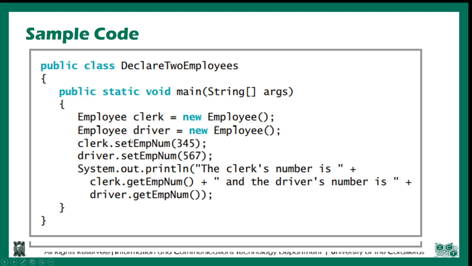That's why if you want to call this method, we will just be using the object name, clerk and driver. And then the DeclareTwoEmployees application, which is this one, can use these methods because they are public, and it must use each of them with an employee object because the methods are non-static. So if I added a static here, it will not run.